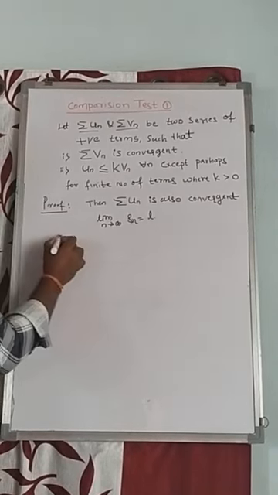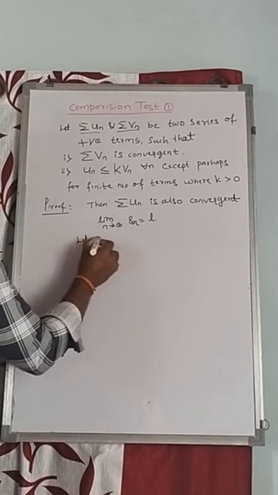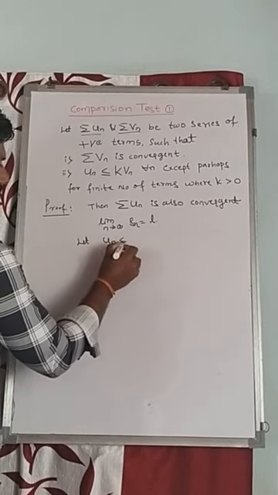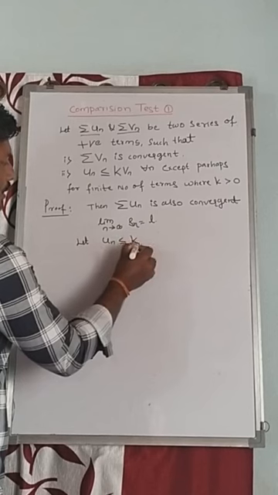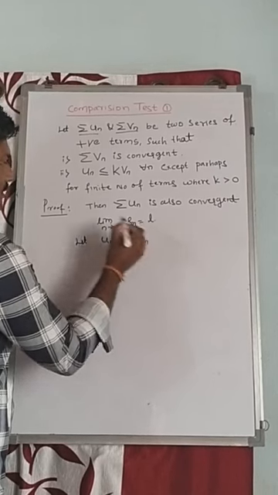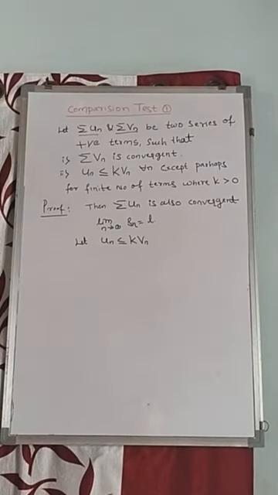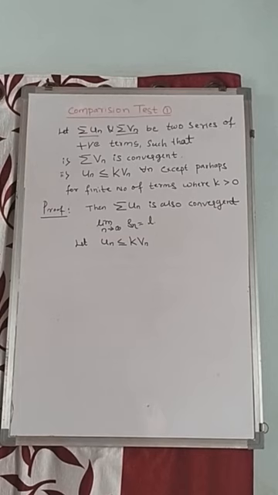Again, let un be less than or equal to k into vn, the second condition, for all n.